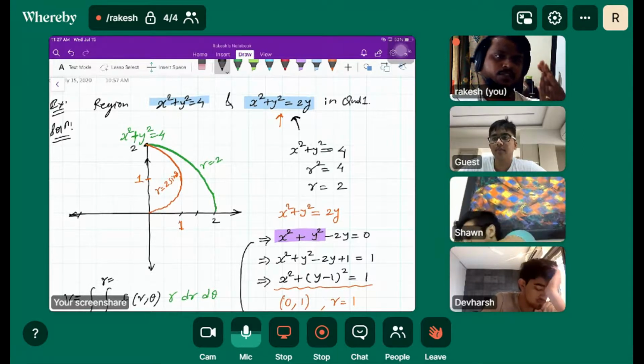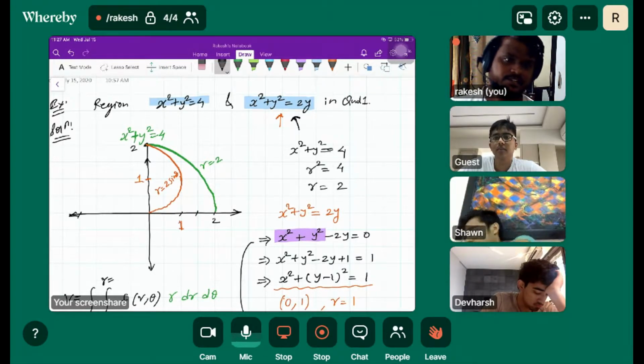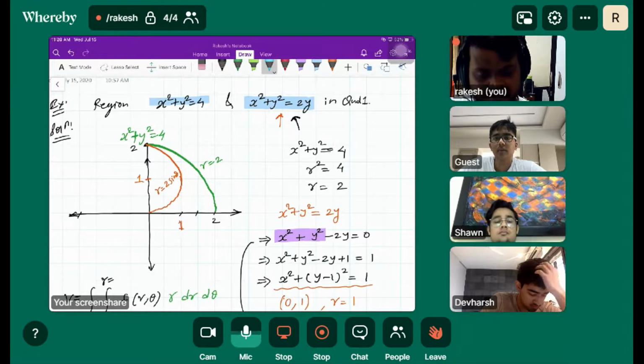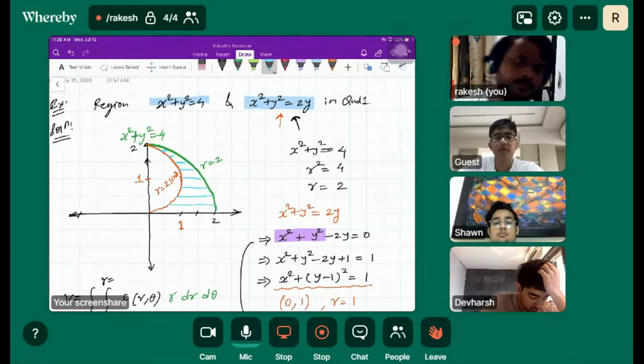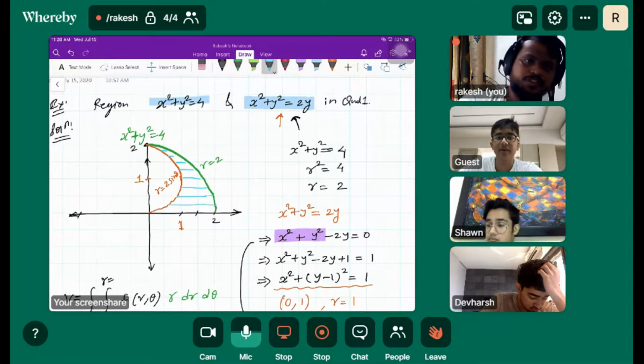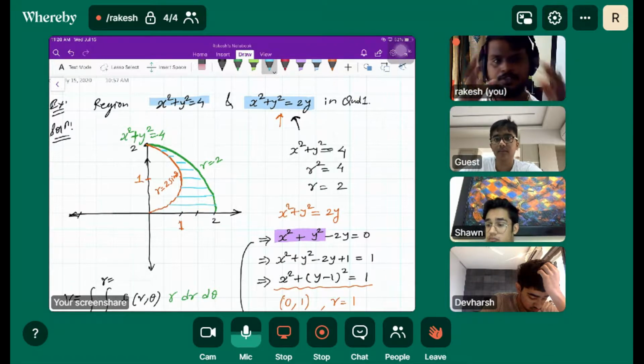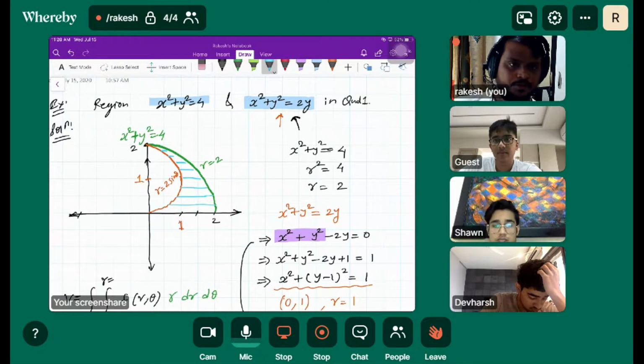So the region bounded between orange and green, that is our region. For any question, it will always be between the two curves, bounded by the curves, that you have to find out. Understood?